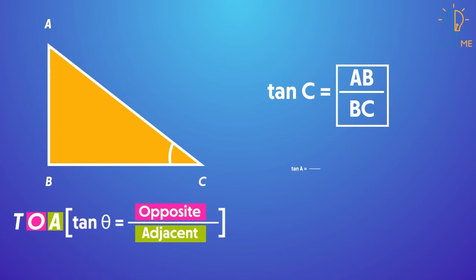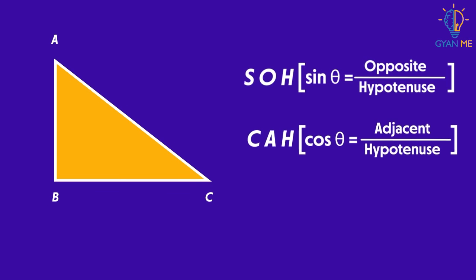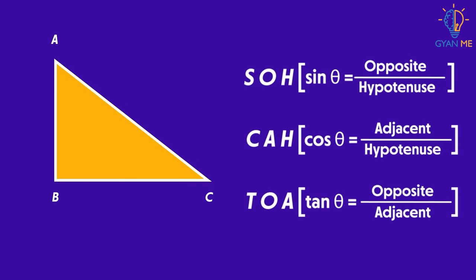Similarly, for angle A, BC is the opposite side and AB is the adjacent side. Therefore, tan of angle A will be BC upon AB. So far, what we have seen is the sine, cosine and tangent of these angles, angle A and angle C. What about the other three ratios?